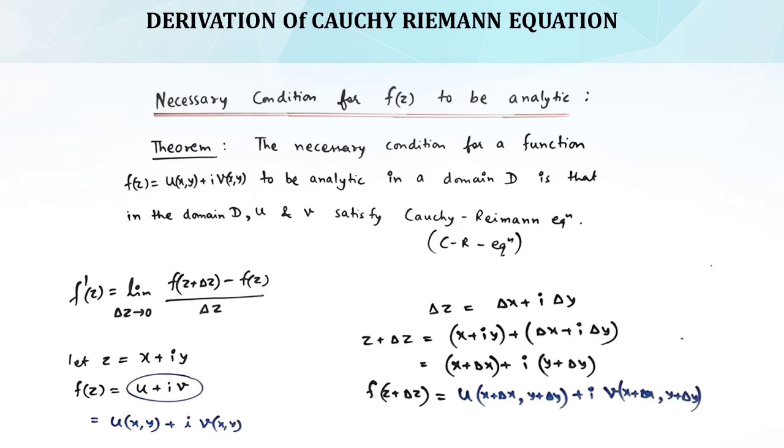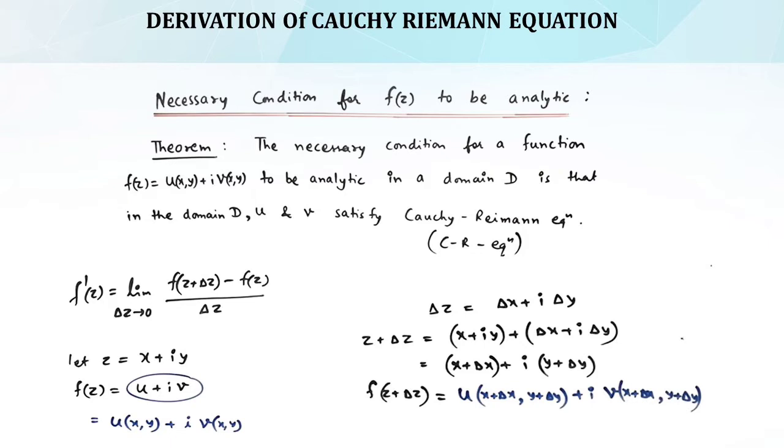The derivation goes as follows. We take f dash of z with limit delta z tends to 0, that is equal to f of z plus delta z minus f of z upon delta z. Let z be x plus iy, where x is the real part and iy is the imaginary part. Therefore, f of z becomes u plus iv, that is u as a function of x, y and iv also as a function of x, y.